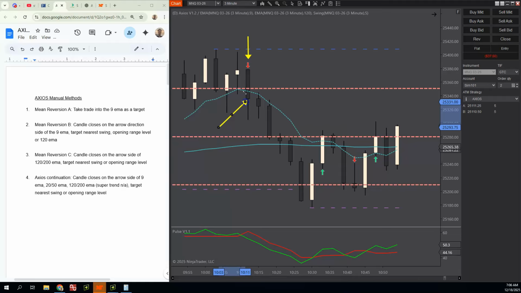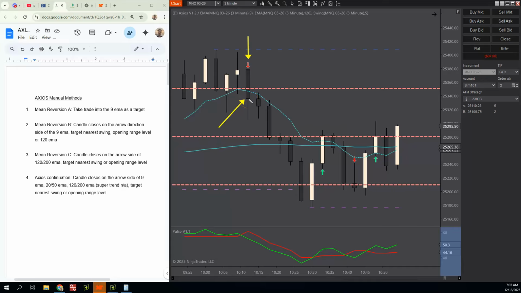So the short signal is valid because we get a candle closing on the downside of the 9-period moving average. These can be really lucrative trades. So our target is somewhat discretionary though.